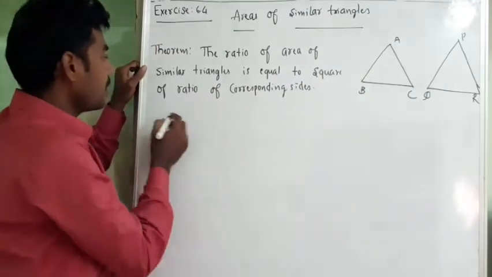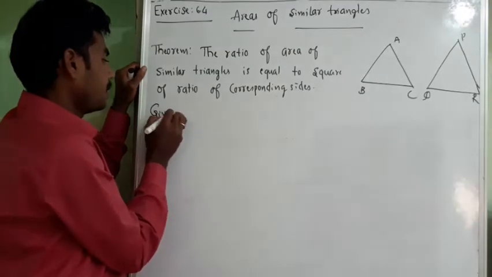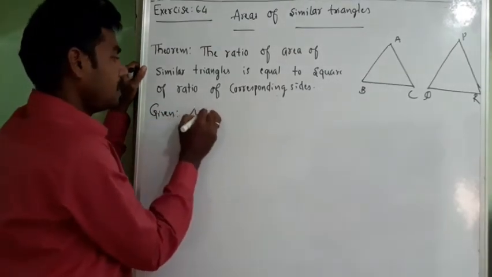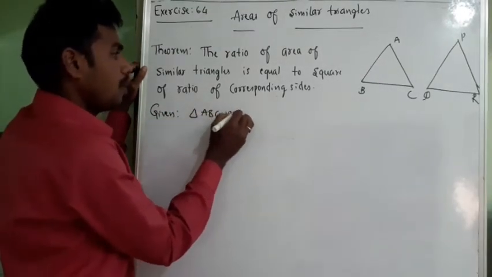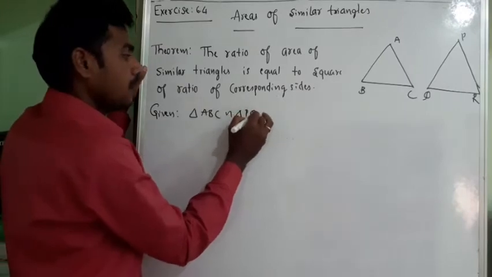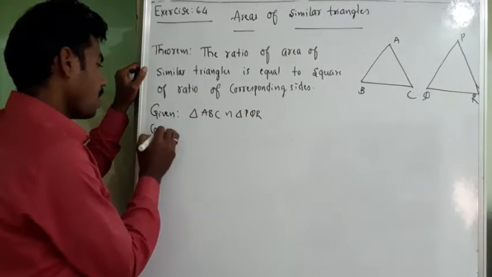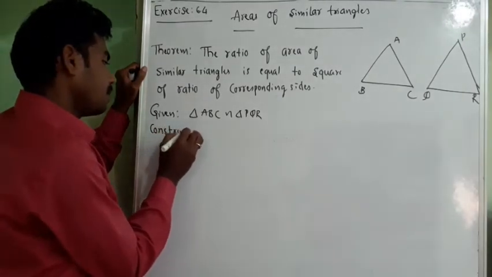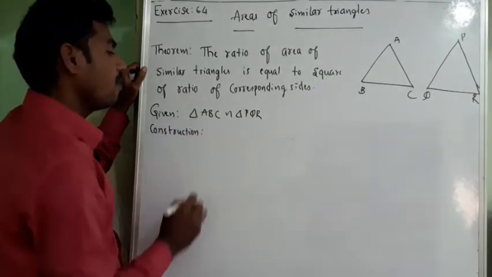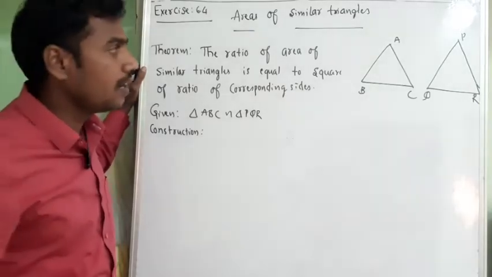Okay, so what is given to us? Triangle ABC is similar to triangle PQR. This is the given data. Now in the construction part, to find the area of a triangle, we need the altitude.